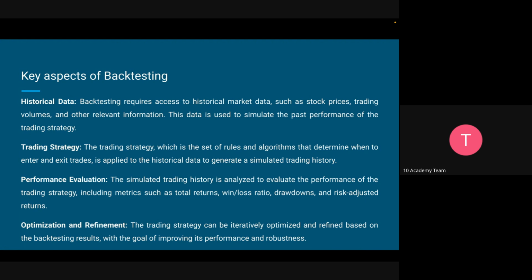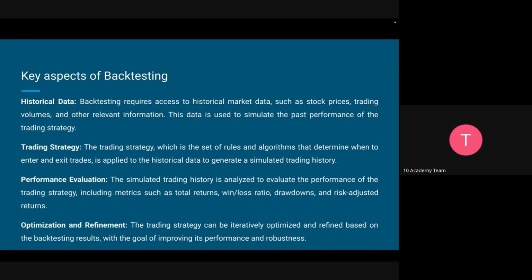It's applied to historical data to generate simulated trading history. Basically, these trading strategies are made by you or by a professional. They try to find some kind of pattern through these rules or algorithms, and they test their strategy. Is it worth going forward with it on this backtesting or historical data?